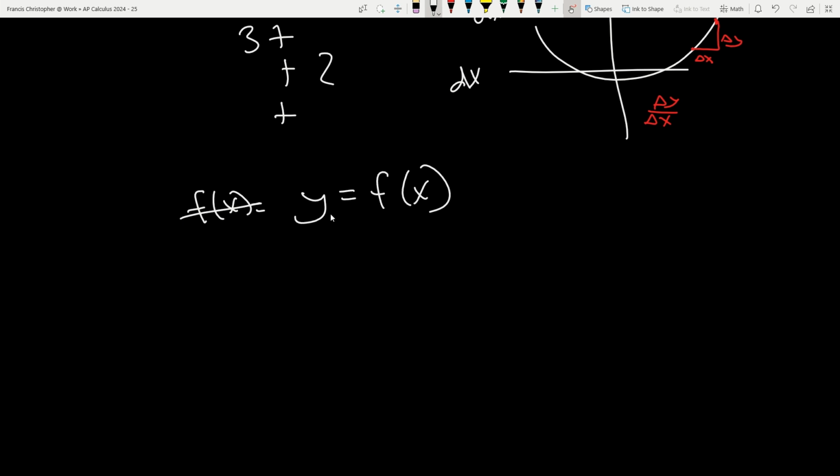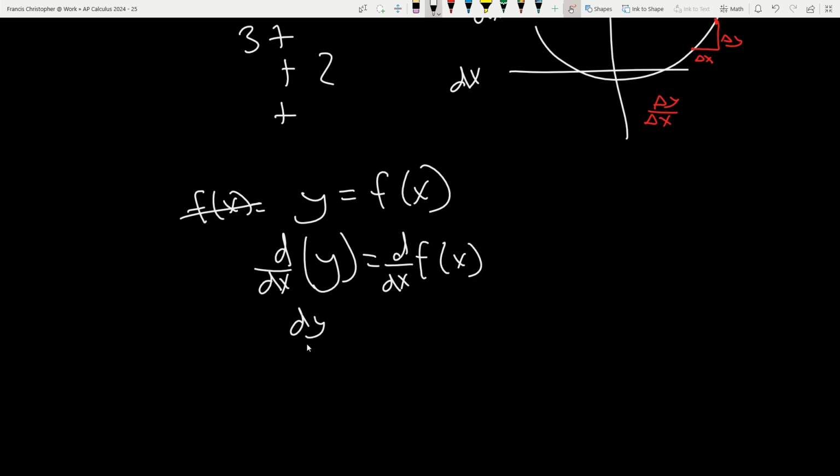And while we didn't really show it, we actually took the derivative of this entire thing. We did it to both sides. All right, and then this becomes dy dx, and this becomes just f prime of x.